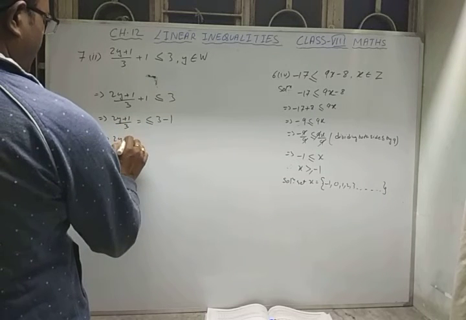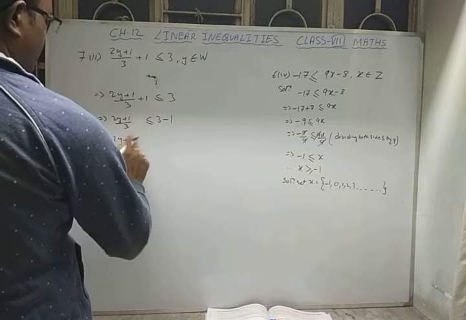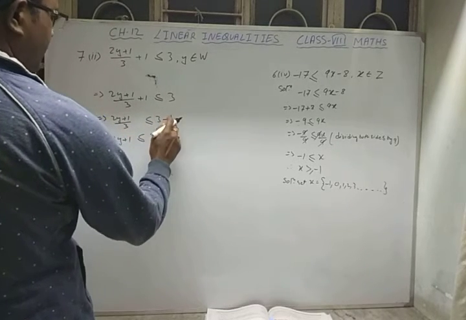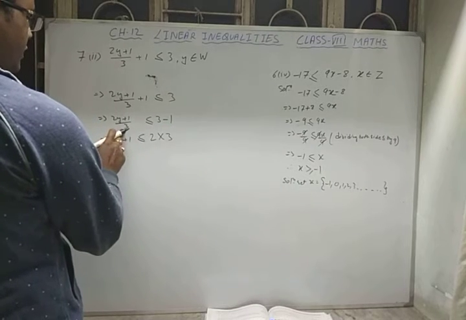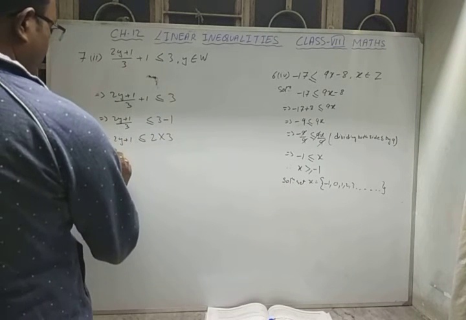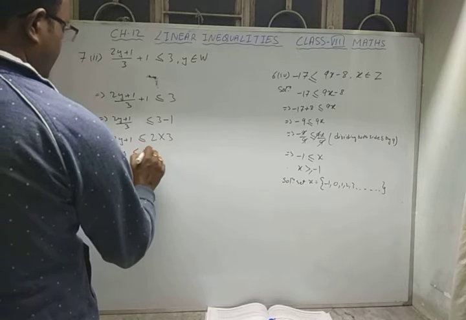So 2y + 1 is 2 into 3. 3 minus 1 is 2, and when you take this 3 in the division to the right hand side, it will become multiply. So we can write 2y ≤ 6 - 1.